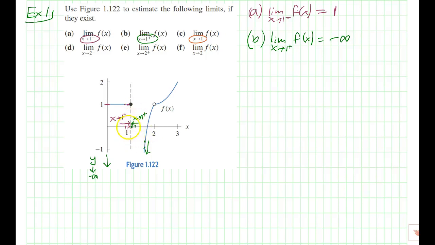So when you plug in 0.9 or 0.99 or 1.1 or 1.01, the output should be getting closer to the same thing on both sides. If it's not, then the limit doesn't exist. So whenever you have a discontinuity where there's a big gap between the two sides, the limit doesn't exist.